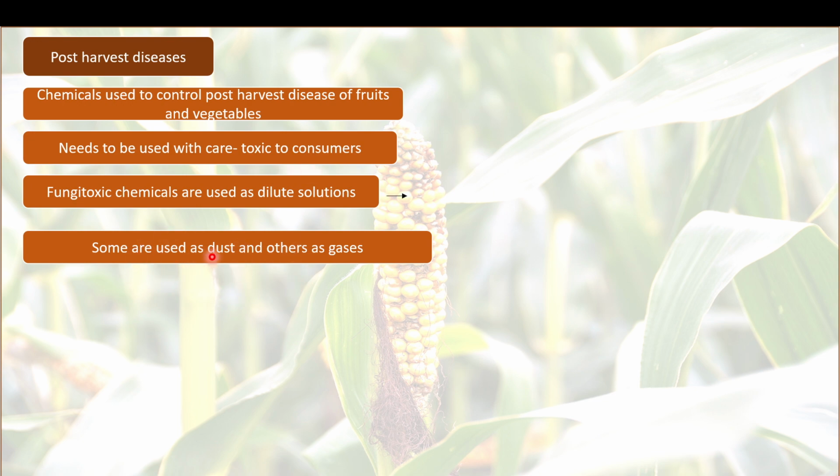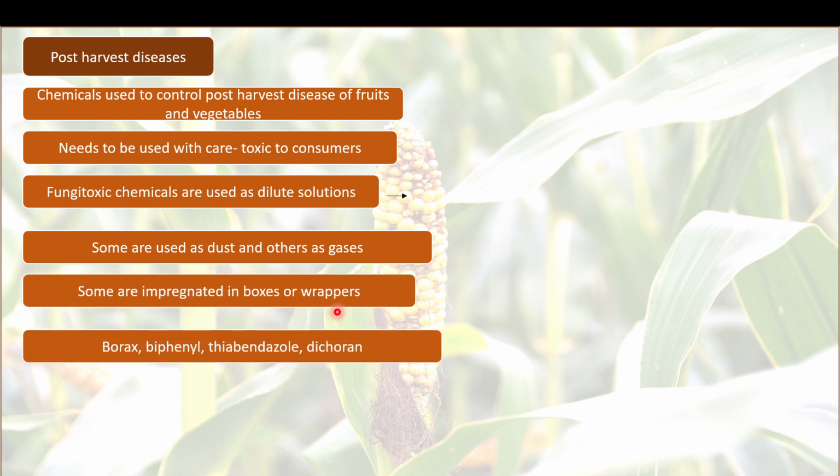Some of the chemicals are used as dust and others as gases. So after the post harvest product has been obtained, some of the chemicals you use as dust or some you use as gases, right? And some are impregnated in the boxes or wrappers of your fruits and vegetables.